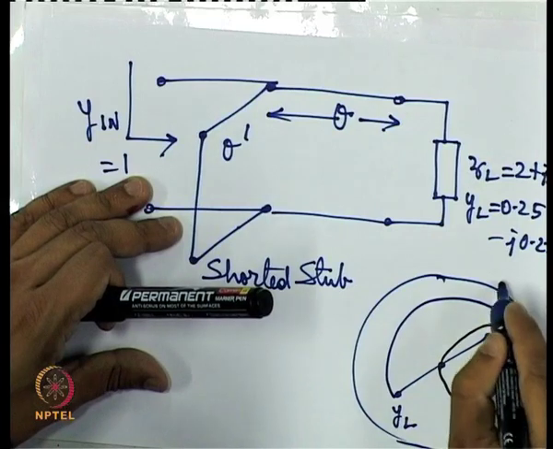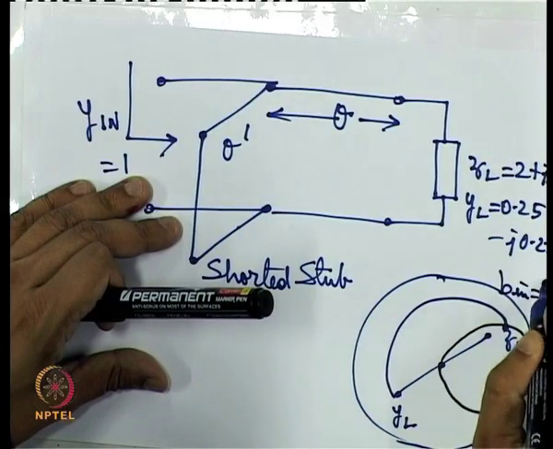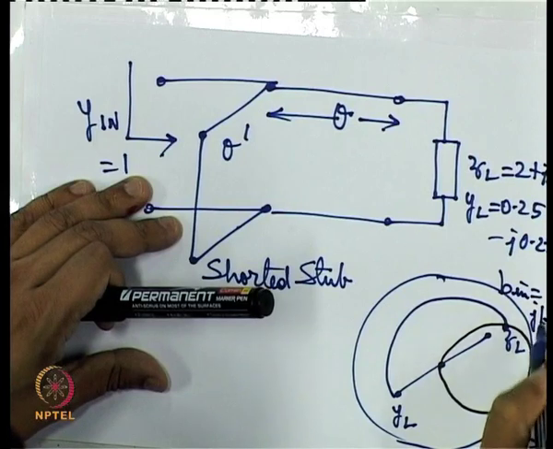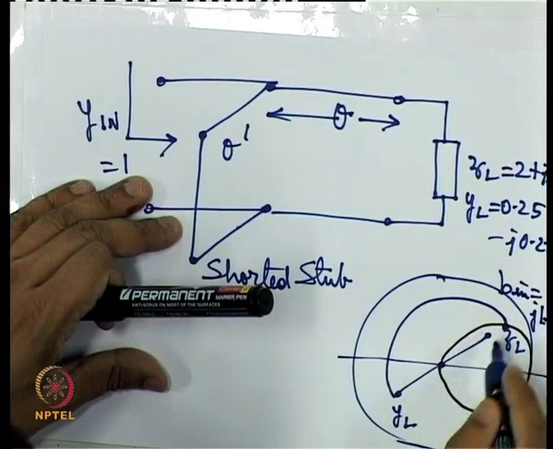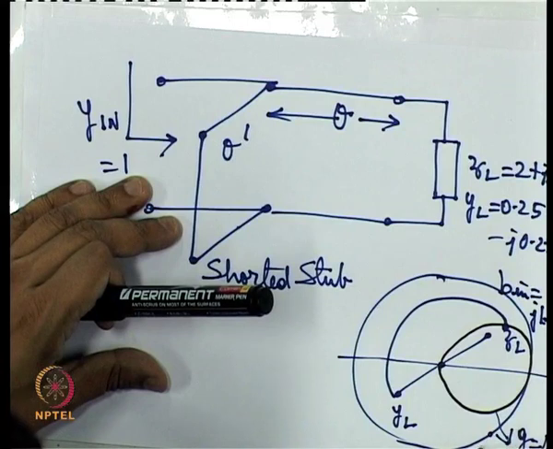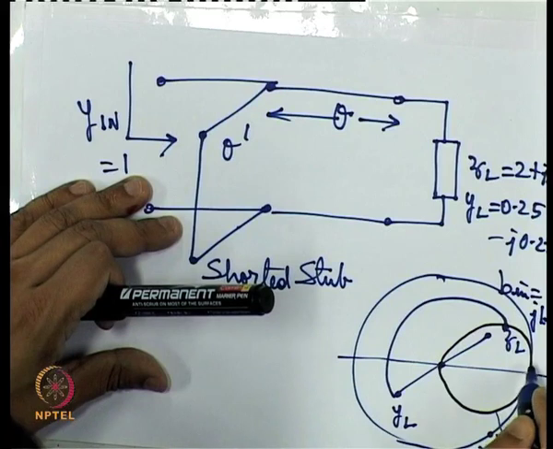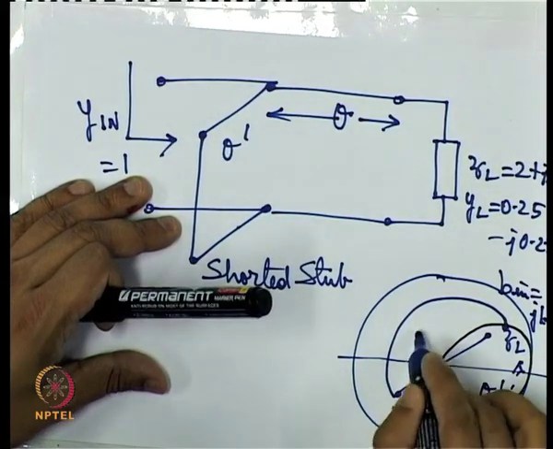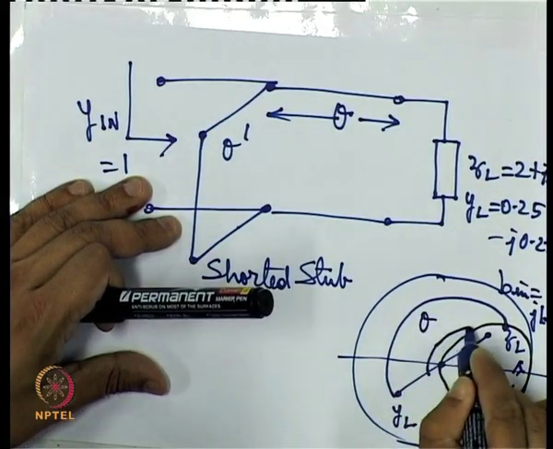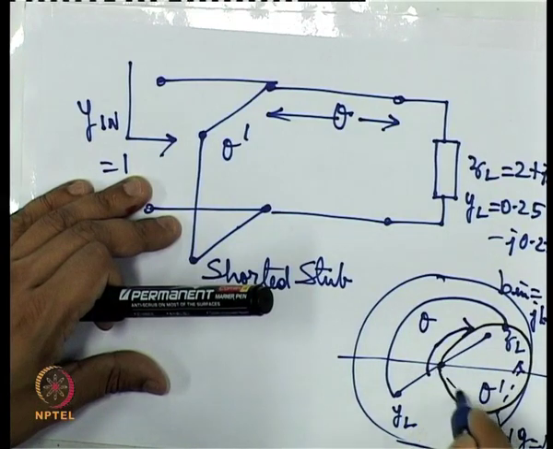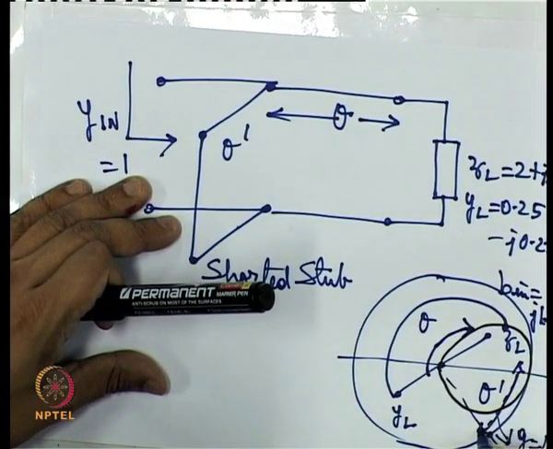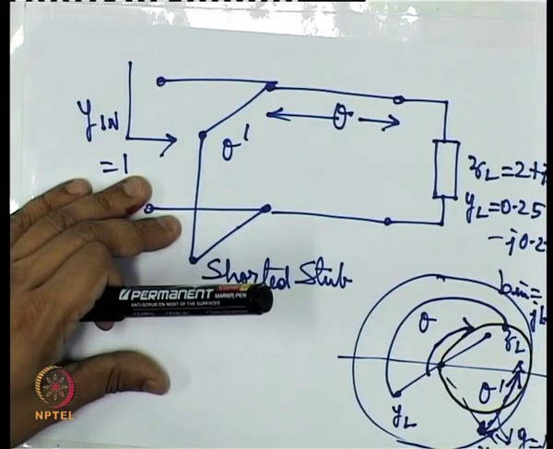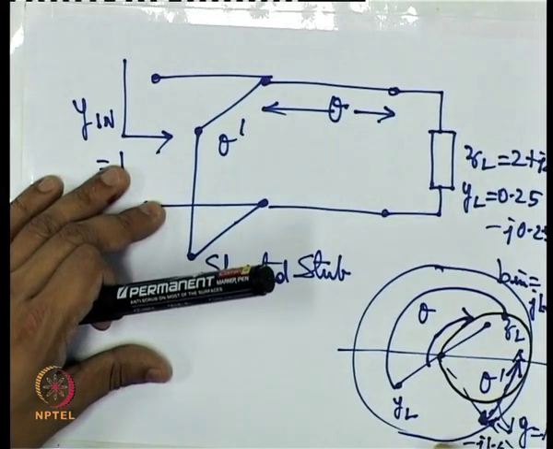Then I found out that here the B in is equal to J 1.6, then I chose a point minus J 1.6 and I calculated the total length of the shorted stub, theta dash. So this is theta and this length is theta dash.